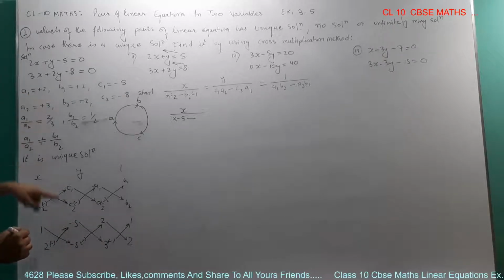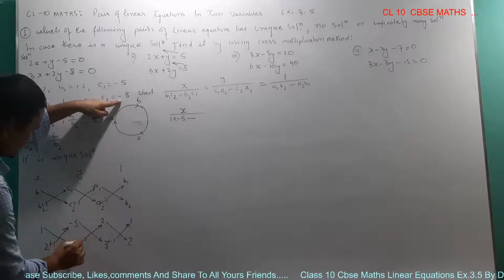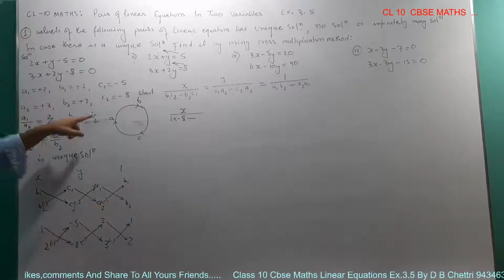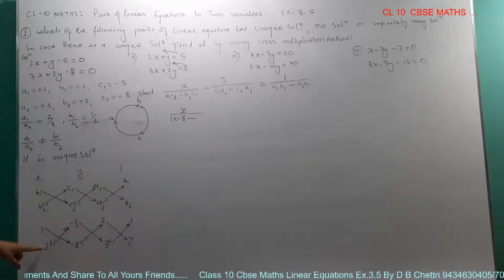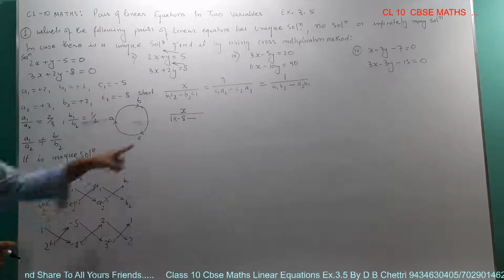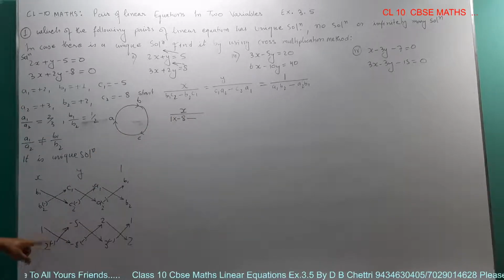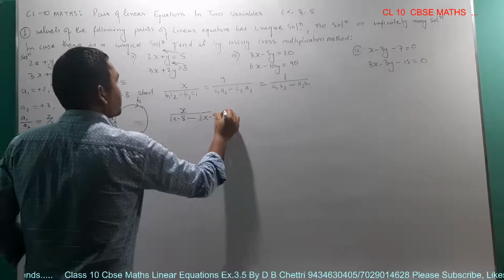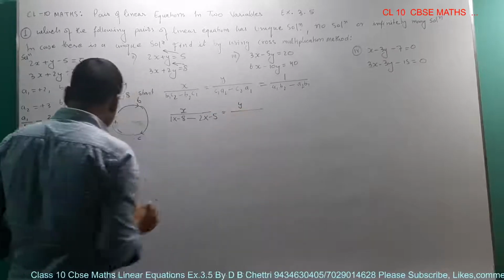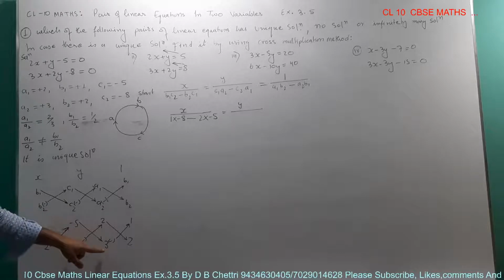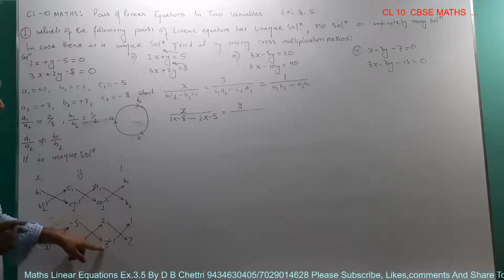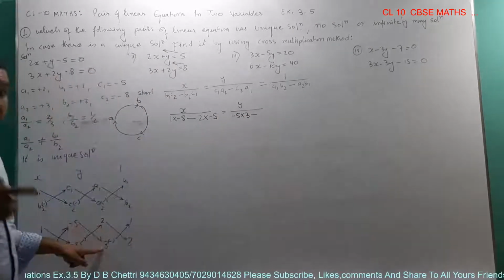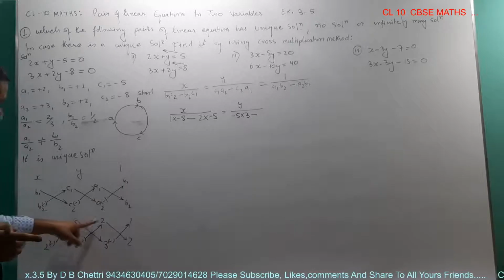What is there? c1 c2, it is 8. So 1 multiply minus 8, because c2 is minus 8. Before multiplying the other pair, put the minus sign, then 2 multiply minus 5, equals to, then y: minus 5 multiply 3, then put minus sign before multiplying the other pair, then minus 8 multiply 2.